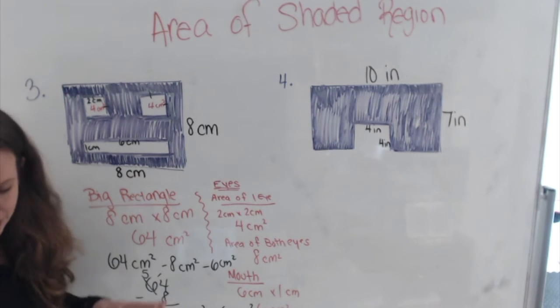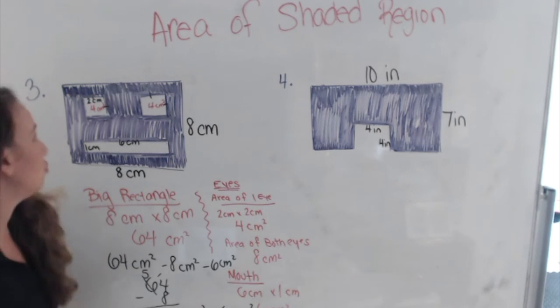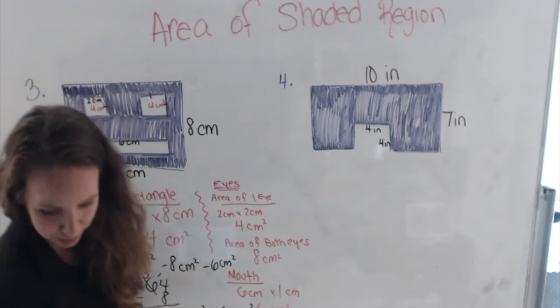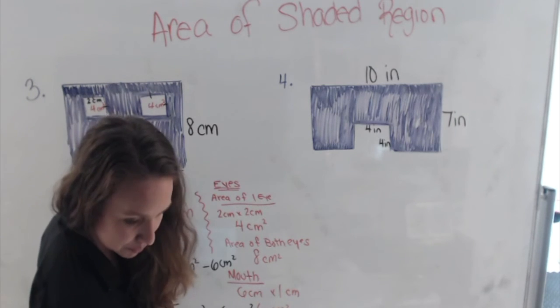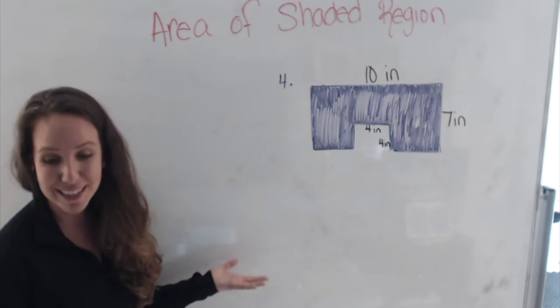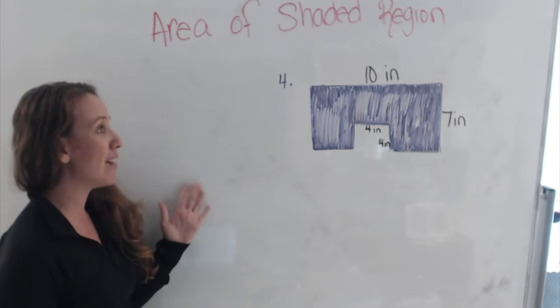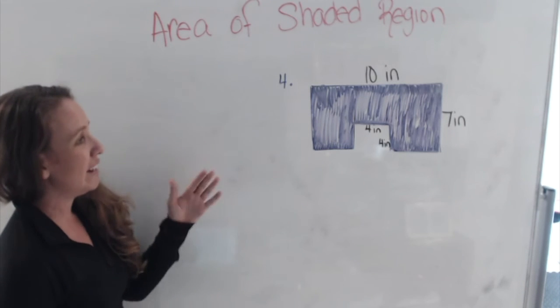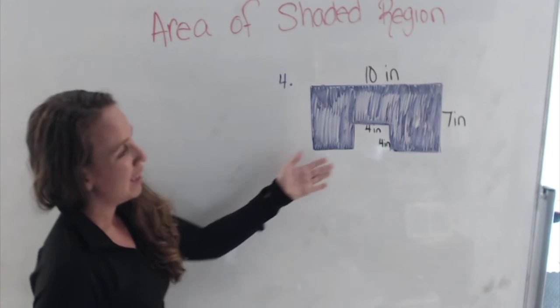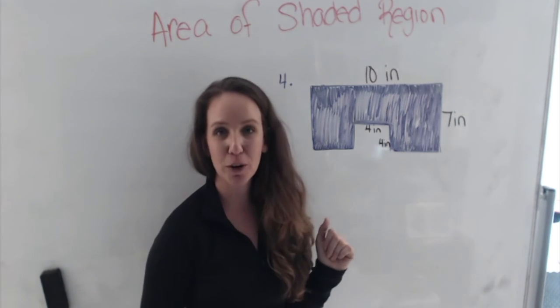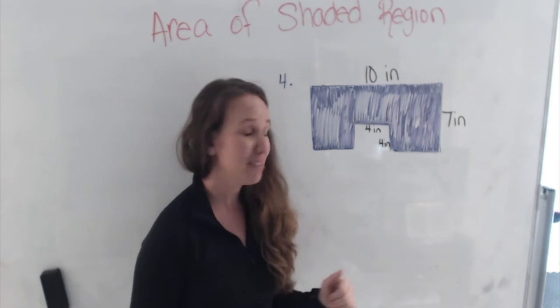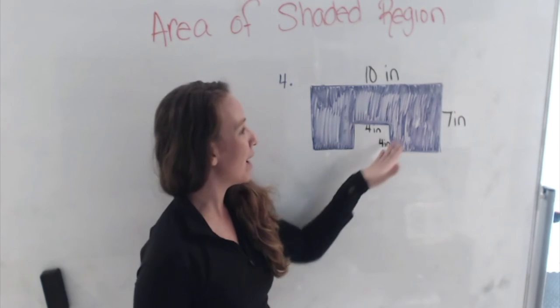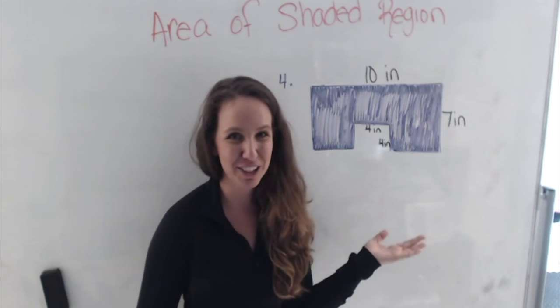So now for the last problem on the worksheet, we're doing problem number 4. I've erased the other question just so we have the space to write on the board. In the last problem, if you notice, I made it a little more straightforward for you to end on a positive note, and it has one rectangle with one rectangle cut out of it.